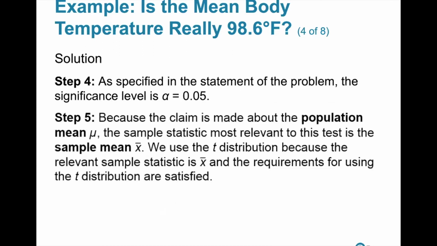All right, so as specified in the statement of the problem, the significance level is alpha equals 0.05. Because the claim is made about the population mean, X bar is the relevant sample statistic, and we're going to use the t-distribution because the population standard deviation is not known.